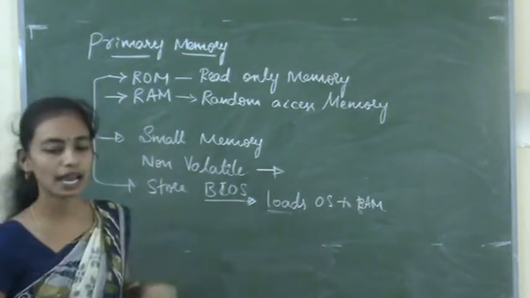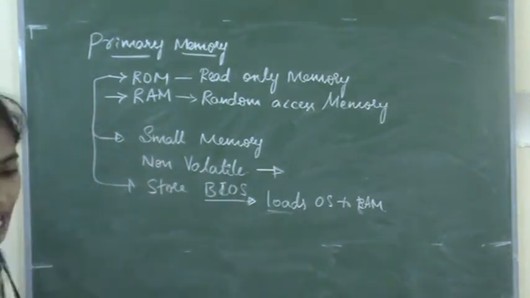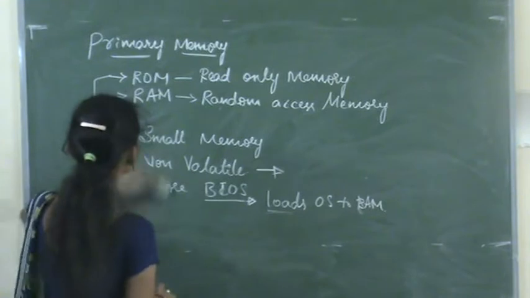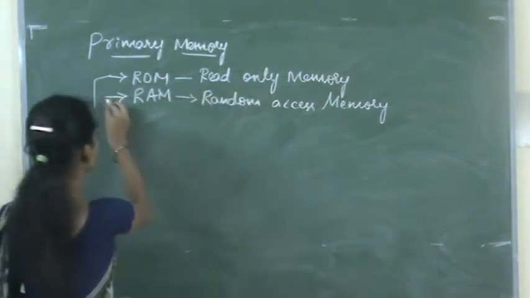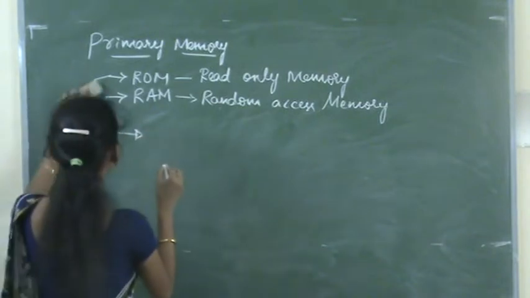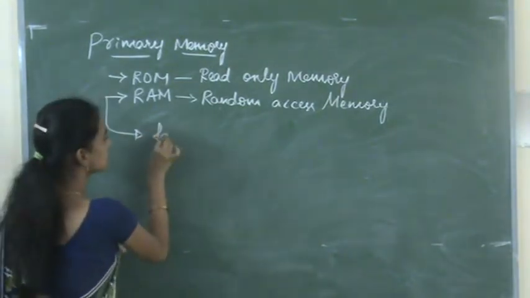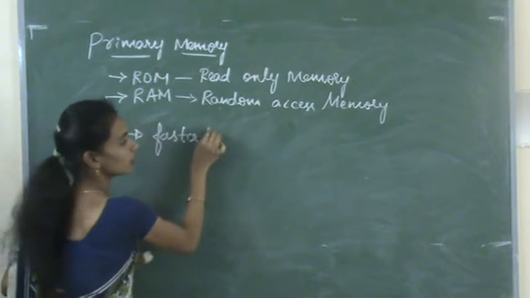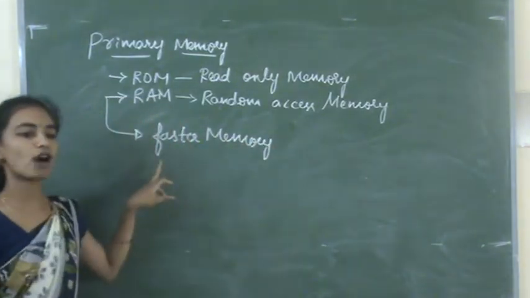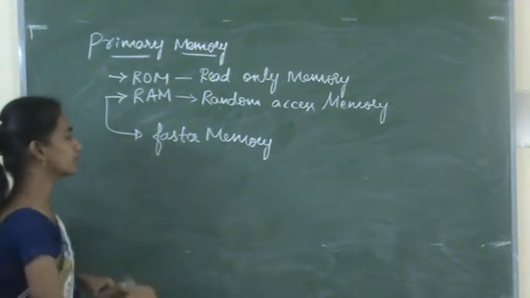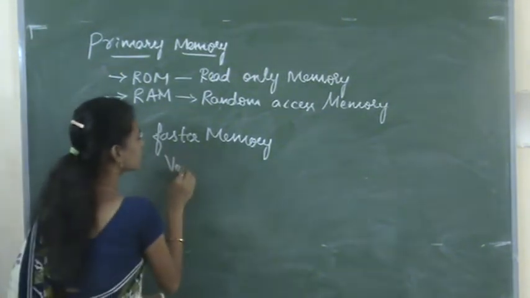Next we have RAM. RAM stands for random access memory. This RAM is a faster memory, and it is volatile in nature.